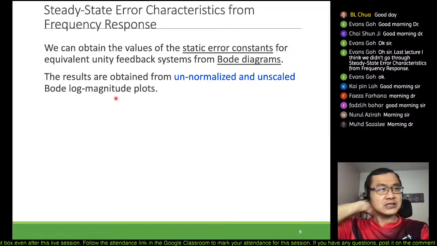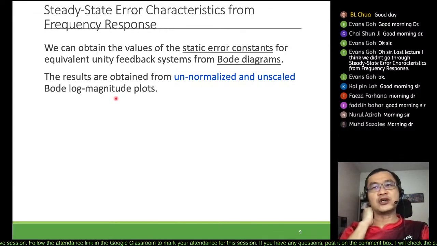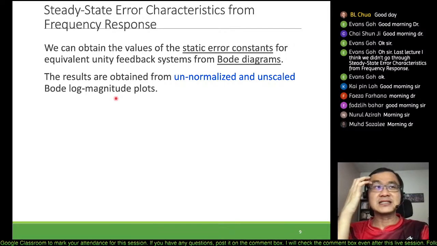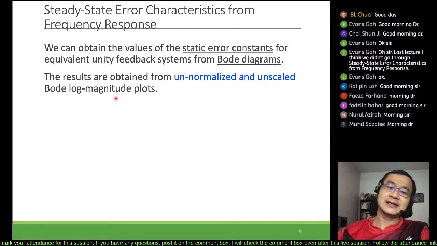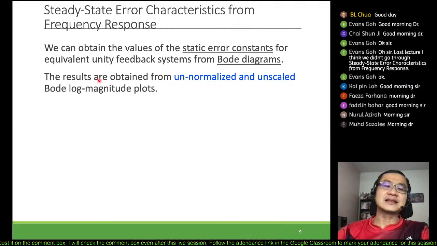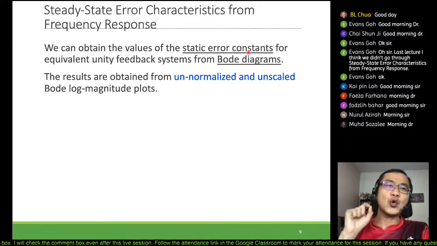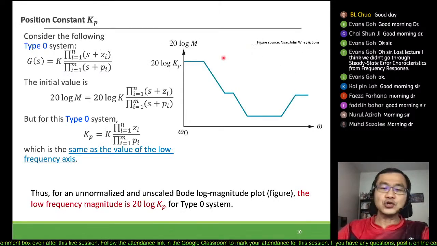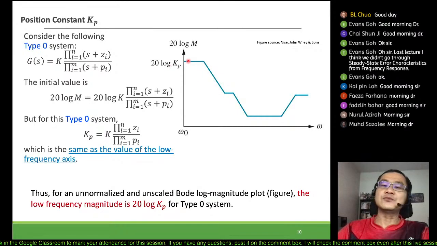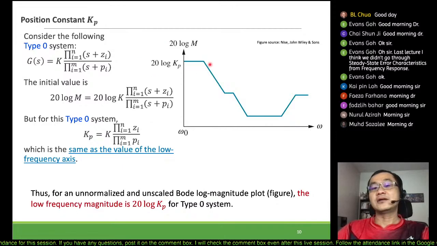Meaning to say, you should draw the original Bode plot instead of the asymptotic type of plot. You don't need to normalize them in order to get this exact value. So if you plot it using the unscaled, unnormalized form, then it will not start from zero anymore. It will start with a certain value, right?